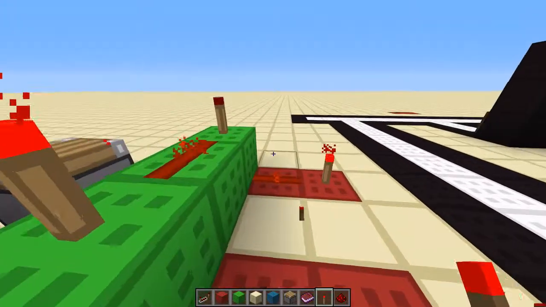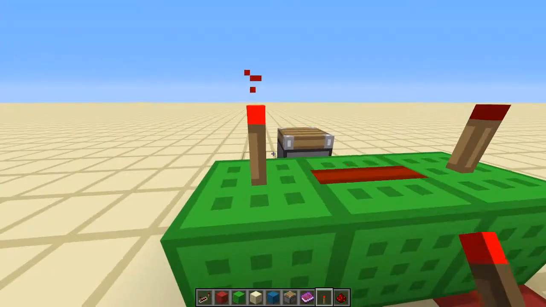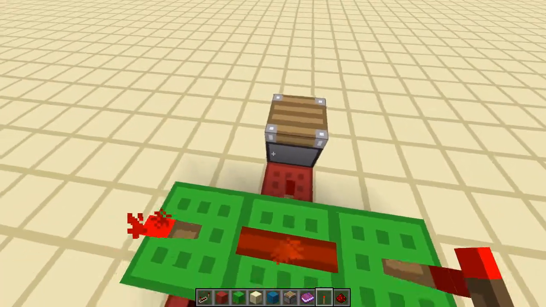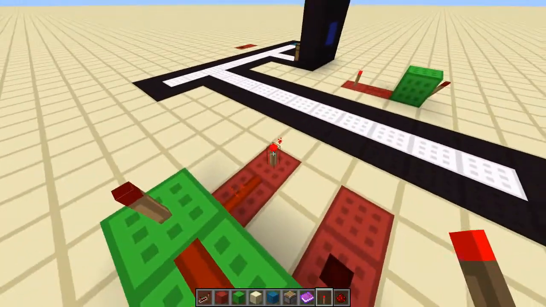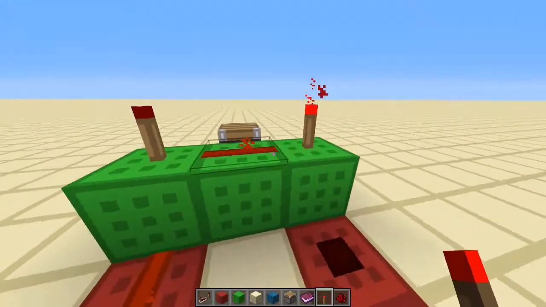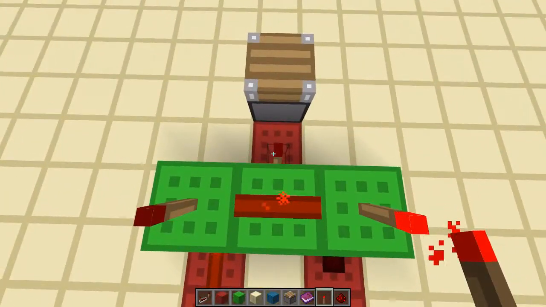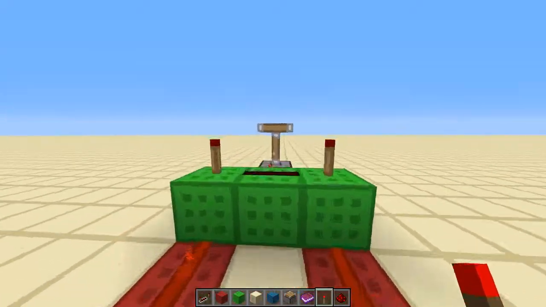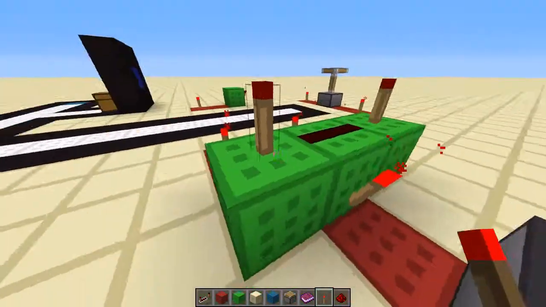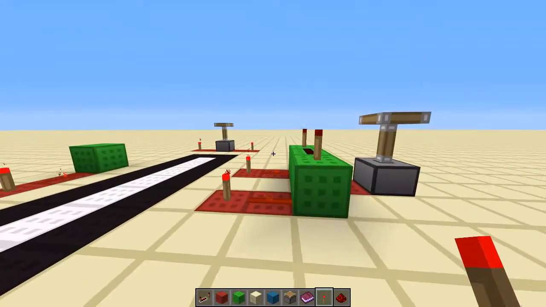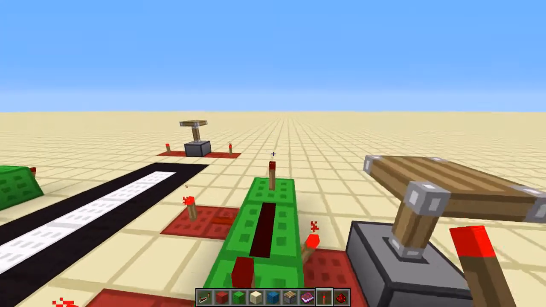So if there's only one input, only one of the torches will be turned off. So this one will still power this one, which will turn off this one and not provide an output. And if there's none on, they'll both be on. If only one of them's on, then there'll still be one to turn off this torch here and limit the output. If they're both on, then these both turn off, so there's nothing stopping this torch from lighting up, so we have an output. Fairly simple.